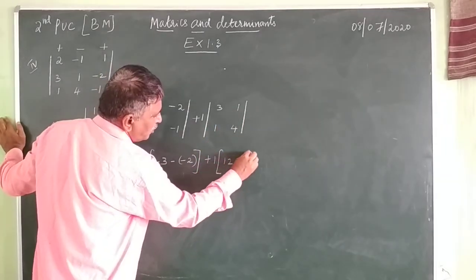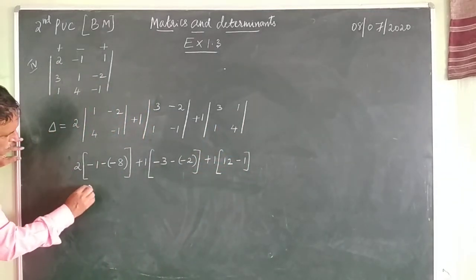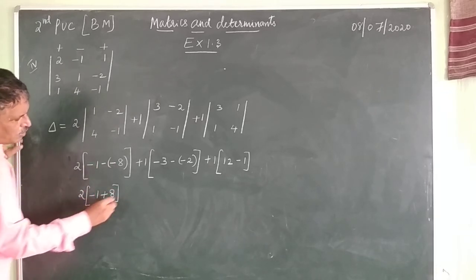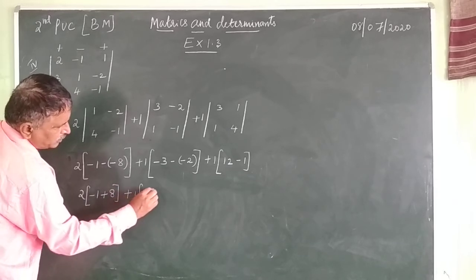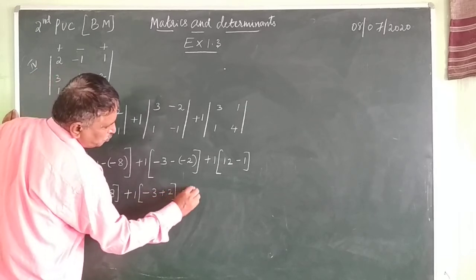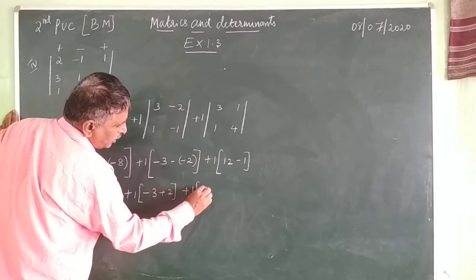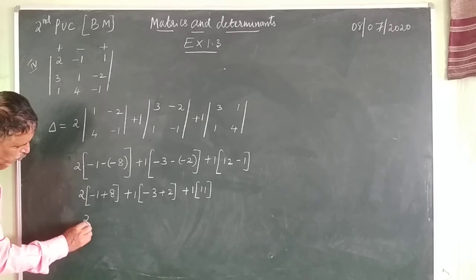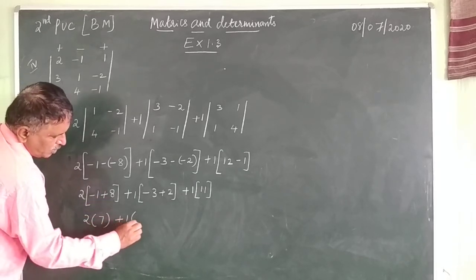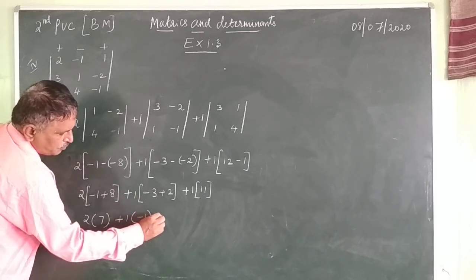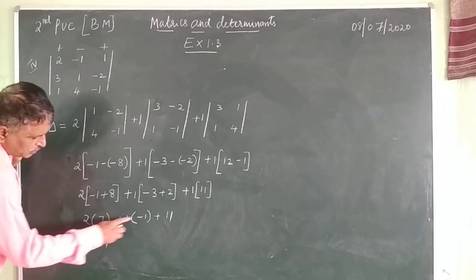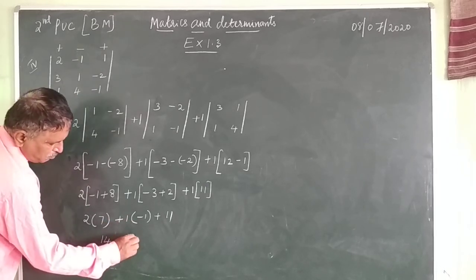In between, minus sign. Now this is 2 minus 1 minus into minus plus 8, plus 1 minus 3 minus into minus plus 2, plus 1 12 minus 1 11. Now this is 2 times minus 1 plus 8, which is 7 positive; 8 plus 1 times minus 3 plus 2 is minus 1; plus 11. 2 times 7 is 14, plus into minus, minus 1, plus 11.